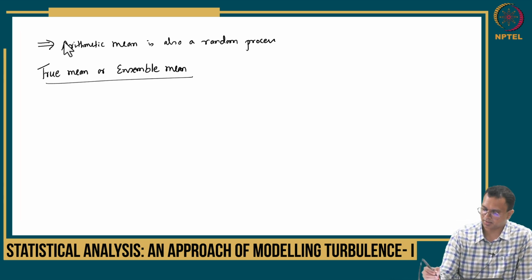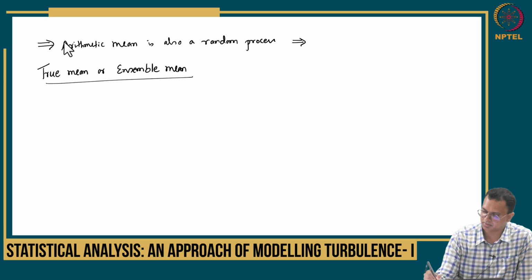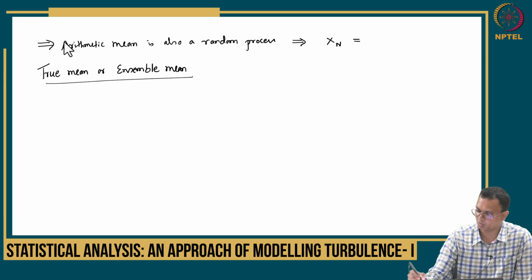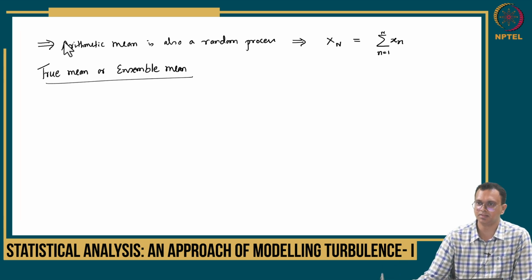So before that, the arithmetic mean itself, if I define this, let's say it is capital Xn. N is there because it's still a function of the number of samples, right? So I define this, you all know what you have done, you have basically taken a summation, n equal to 1 to n, where xn is a random event or a random realization.